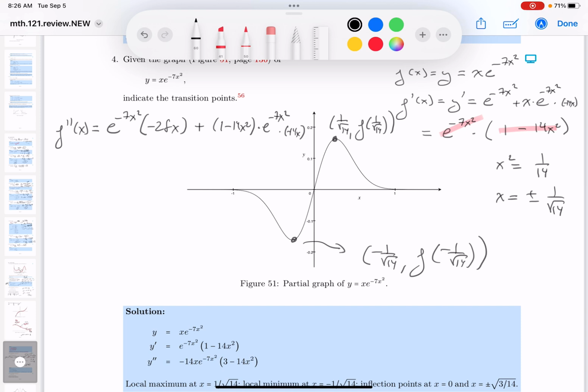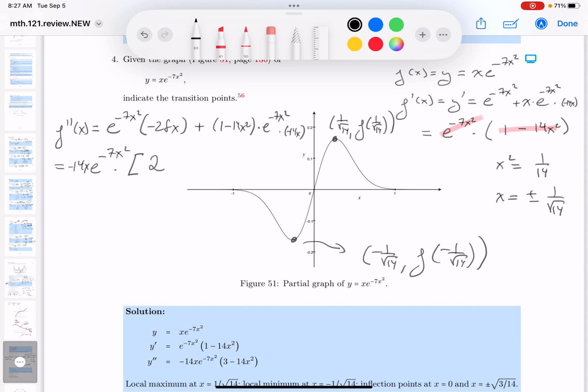Kind of nasty, but I've got to deal with this now. So I'm going to factor out e to the minus 7x squared, and I'm going to factor out a minus 14x. What are you left with? Let's take a look. On the first term, you're going to be left with a 2.